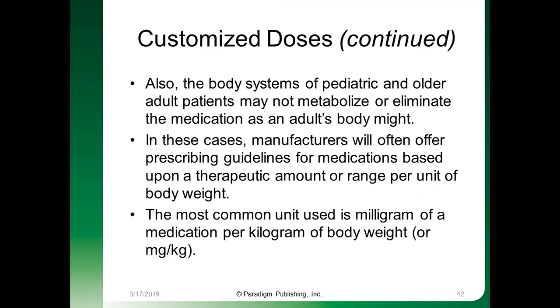Also, the body systems of pediatric and older adult patients do not metabolize or eliminate the medication as an adult body might. So remember, as a pediatric patient, our metabolic system is not at its fullest. So in a child, we notice that our metabolism is faster, correct? As we age, our metabolism becomes stable, or in some cases, it gets lower.